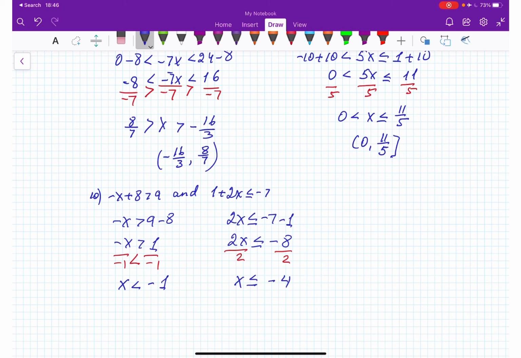Yes? All right. So let's find out. Less than negative 1 and less equal negative 4. What is going to be the answer?